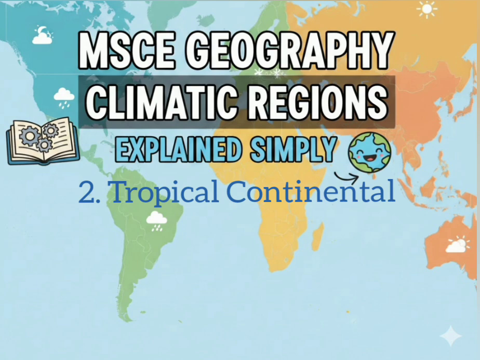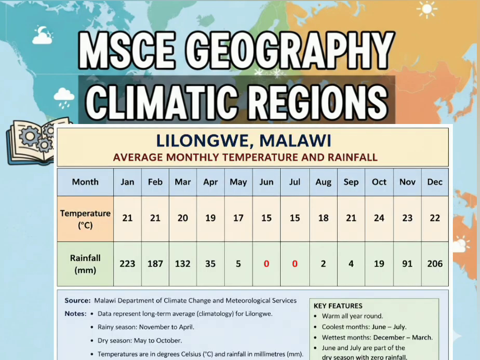The following is the table of tropical continental taken from Lilongwe in Malawi. If you subtract the lowest temperature of 15 from the highest one of 24, you find 9 as the temperature range. That means it is within the discussed range.